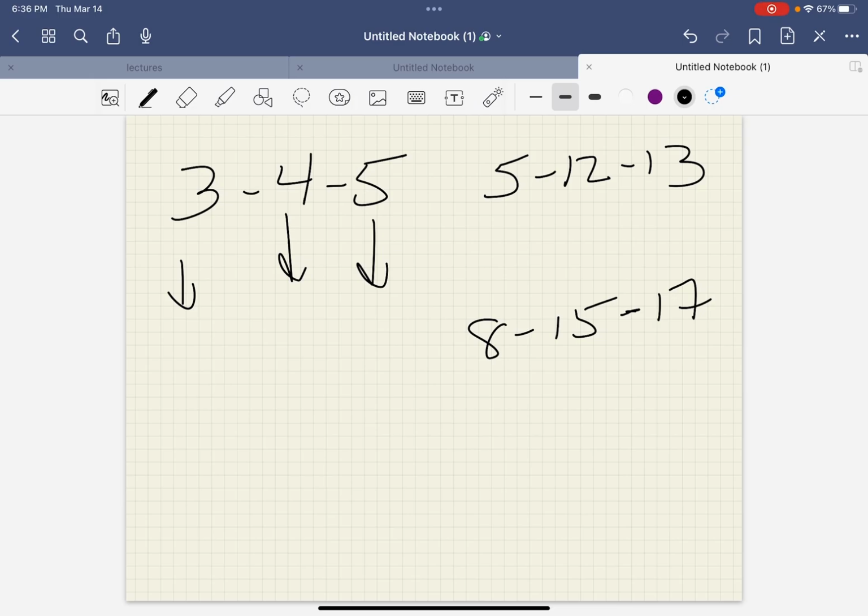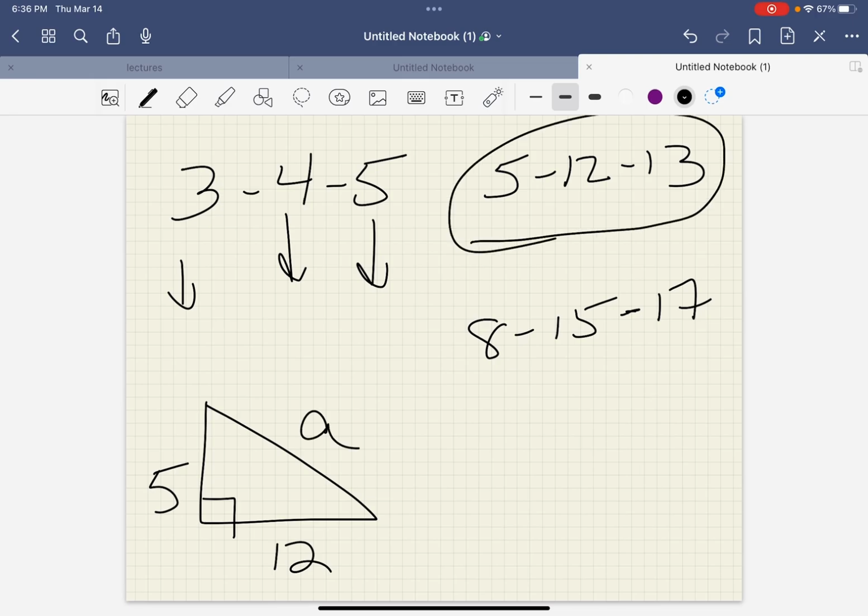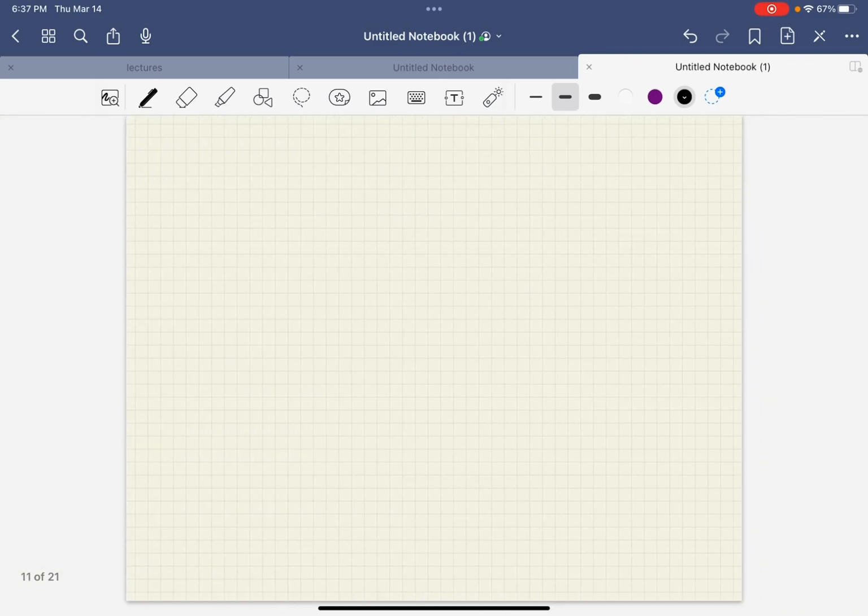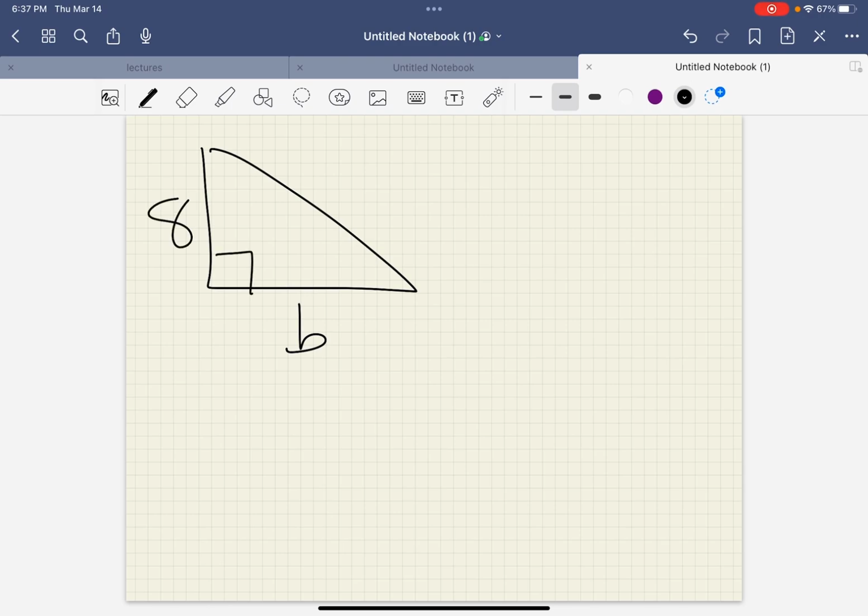So example 9 is this. 5, 12, and A. Okay, well that's this one right here. So what does A have to be? A has to be 13. Okay. The next one is B here, 8 here, and 17.